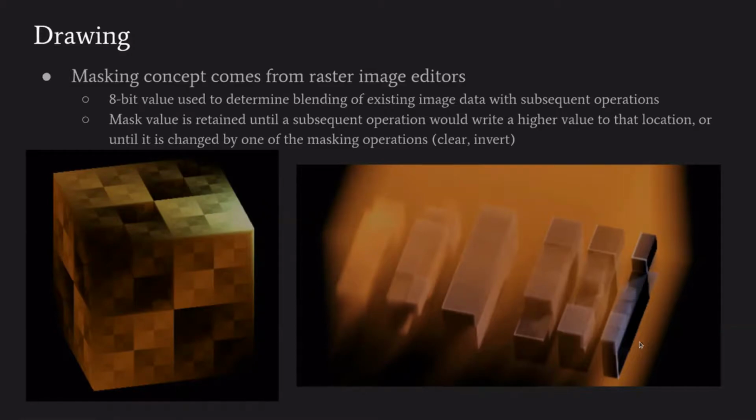On the right, it's very high value, decreasing to the left. Then I went over with a sphere that's large enough to cover the entire volume. Based on the mask value, the final voxel color value is determined by a blending operation that weights the drawing operation with the existing value there.